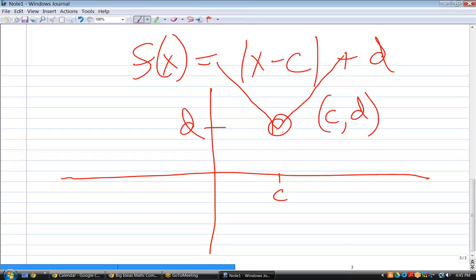Okay. And that would be called the vertex. A little different than the vertex of a quadratic or a parabola, but this is definitely called the vertex. All right. So this would be two-dimensional, where I'm graphing the x and the y or the f of x axis like that.